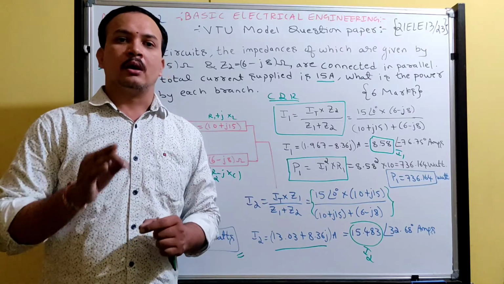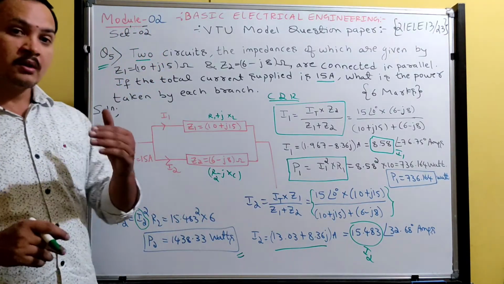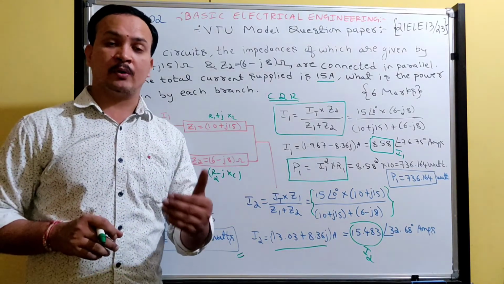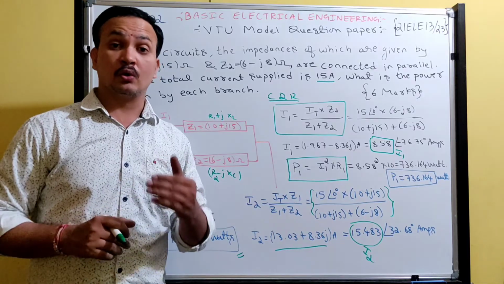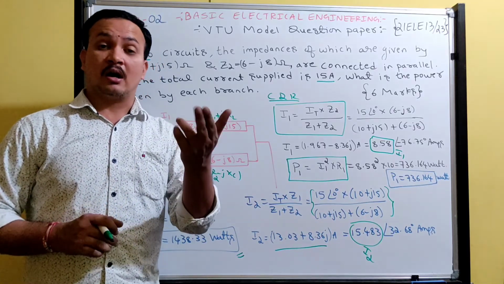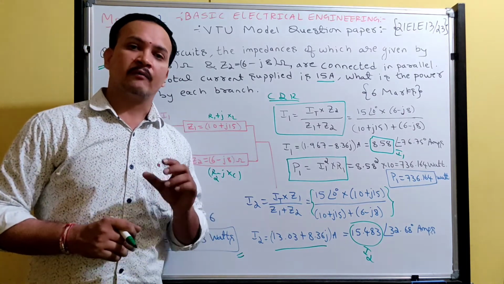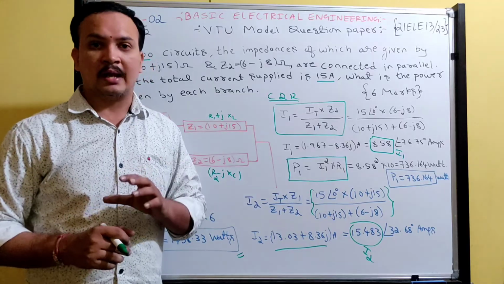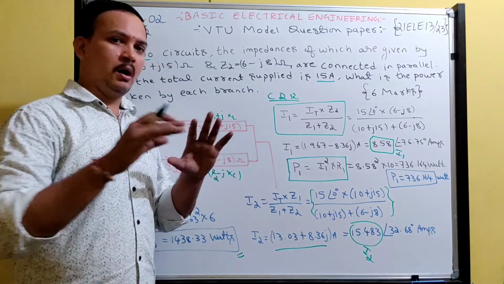Along with that, formulas for power. Power is equal to VI cos phi, reactive power is VI sin phi, apparent power S is equal to V into I. Power factor formula is cos phi equals R by Z from the impedance triangle, VR by V from the voltage triangle, and from the power triangle, the power factor is P by S. You must know all these things.